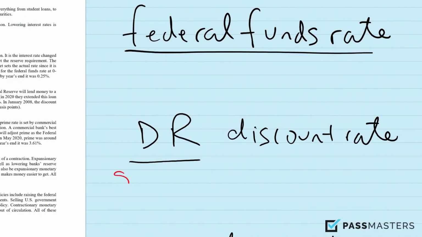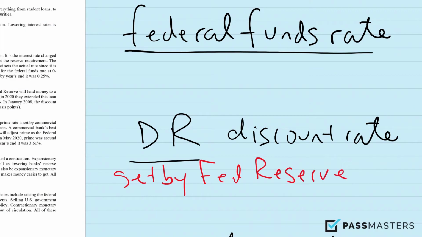Test question: what is set by the Federal Reserve? The discount rate. And this makes sense because this is a loan from the Fed to a member bank.